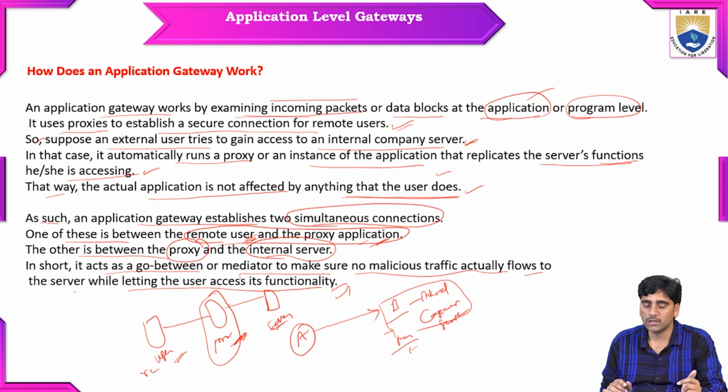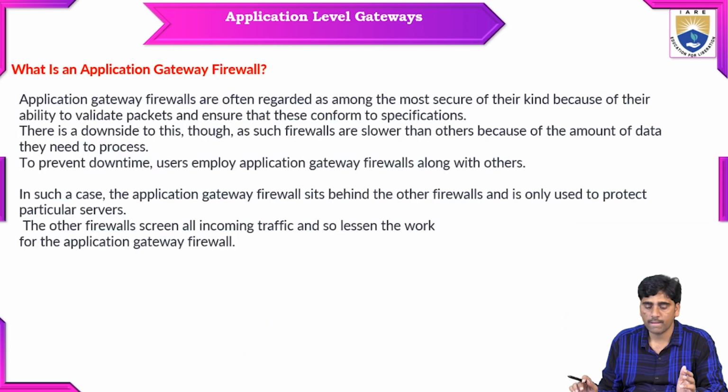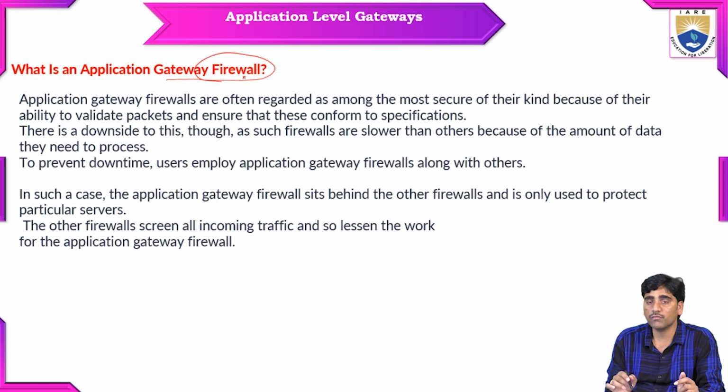For each and every incoming packet, this application level gateway is going to examine each and every packet. What is the application gateway firewall? It is often regarded as among the most secure of its kind because of its ability to validate the packets.